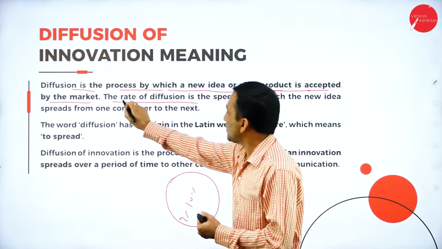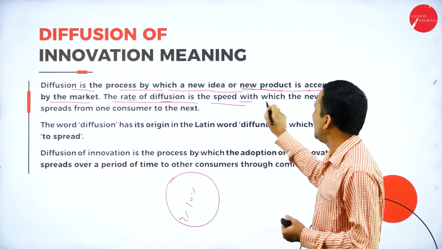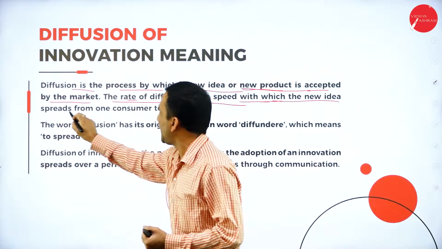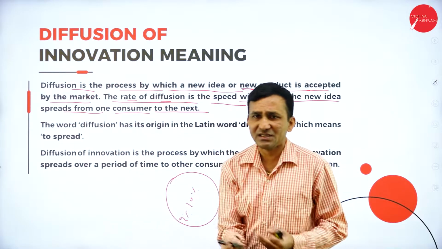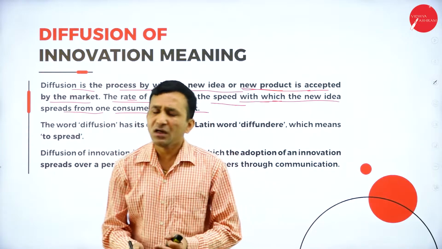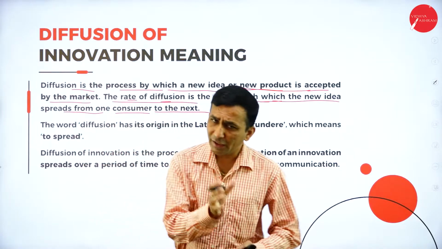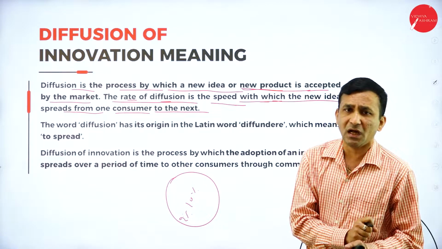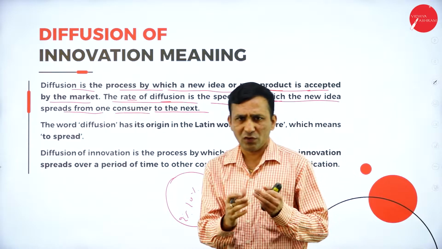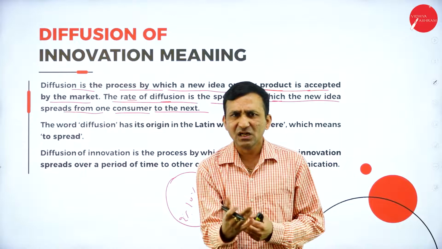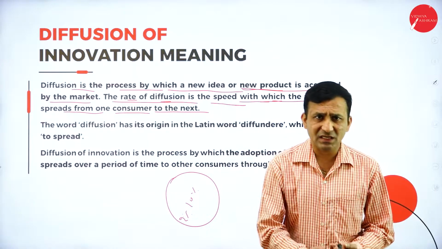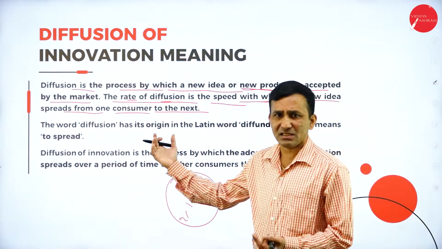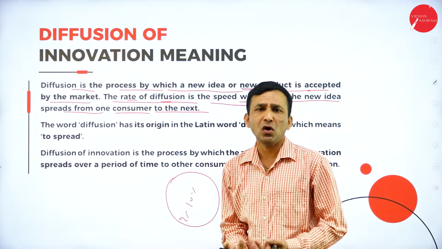So the rate of diffusion is the speed with which a new idea spreads from one consumer to the next. There are different types of customers, individuals, companies or marketers you are focusing on, based on the target audience: whom you are focusing on, how you are spreading the message, and what the rate of acceptance by the customers is. As a businessman and marketer, I just want to know this much better.